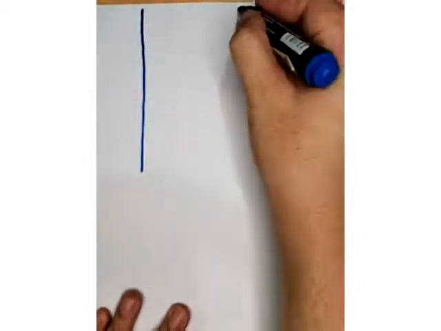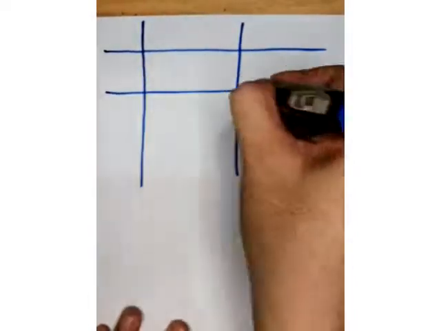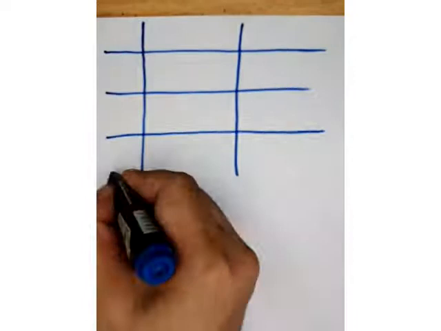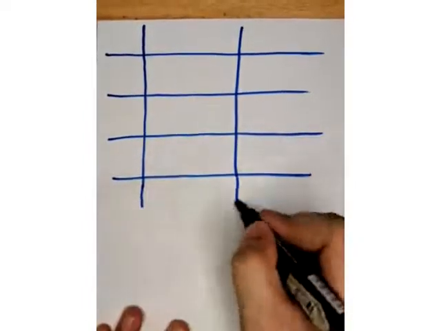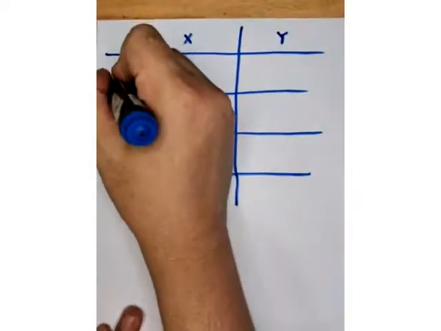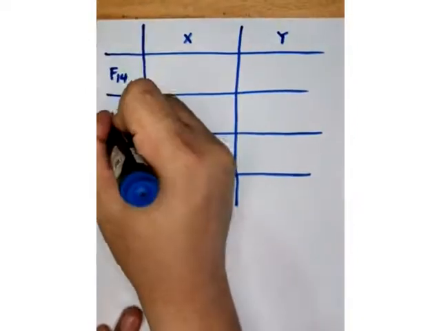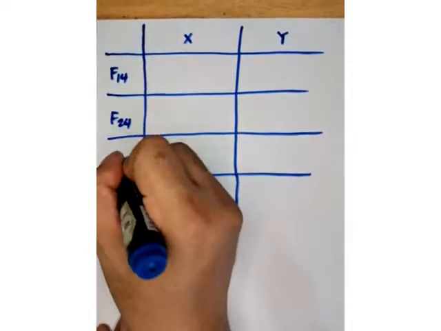Okay, so ang pinakamaganda is i-tabulate na lang natin, para mas obvious sila. Ayan. Okay? So nandito yung mga X, nandito yung Y, tapos nandito yung F14, F24, and then yung F34.